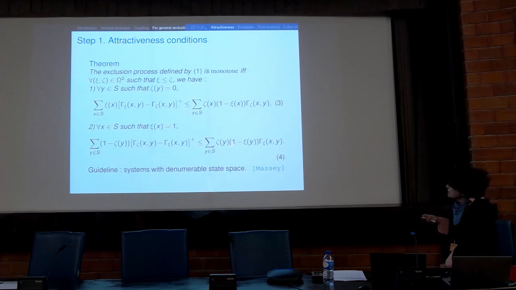And the second one is exactly the same type of inequality, but here instead of looking at arrival sites, you look at a departure site, and you see what happens if you have a jump from this departure site to all the possible y's.